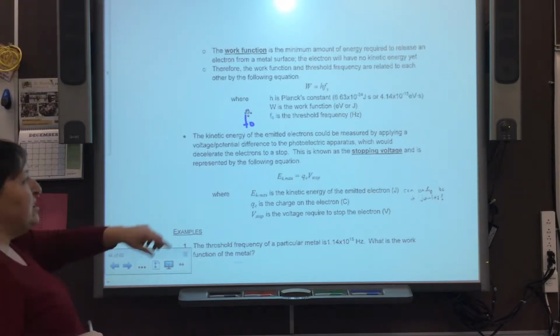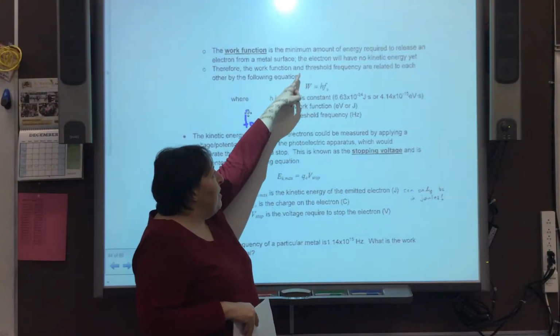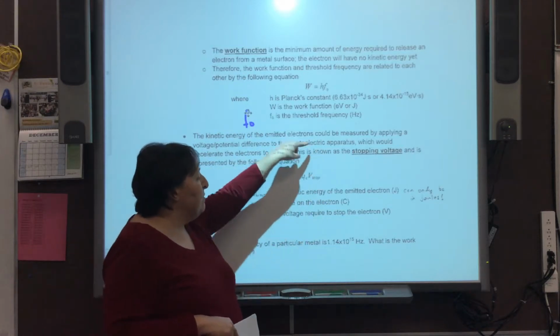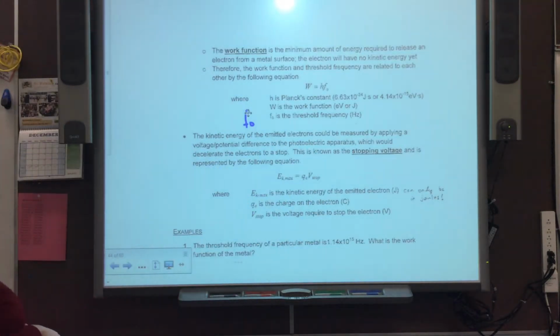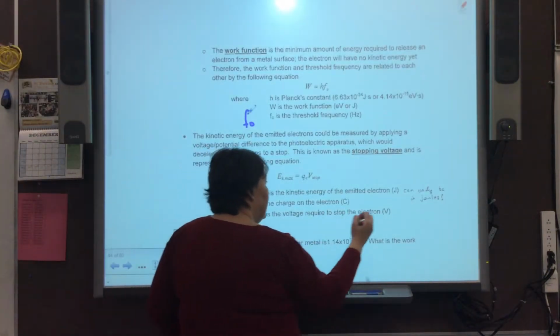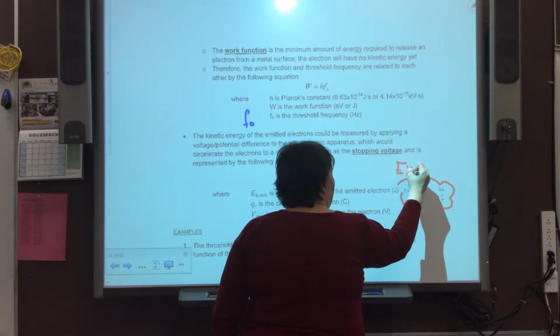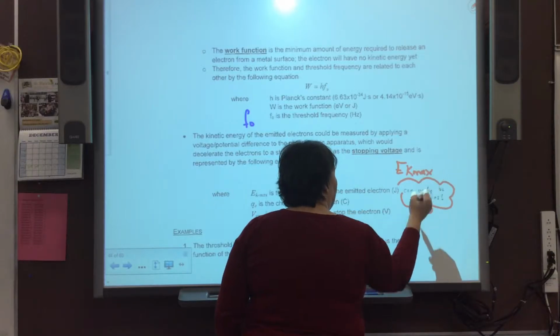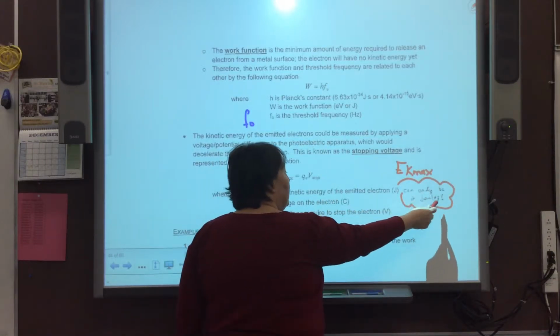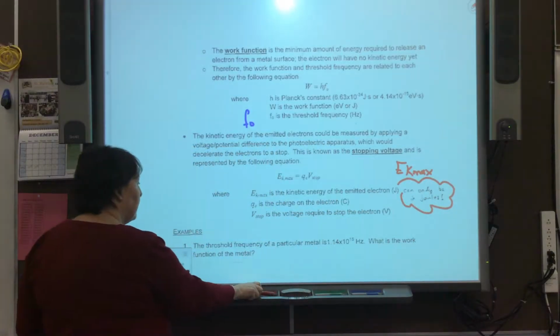So now we're starting to draw on work we talked about in Physics 20. This we talked about in the last unit. So E_k max, the maximum kinetic energy required, is equal to the charge times the stopping voltage. And this is really critical: E_k max, the maximum kinetic energy required, can only be in joules.